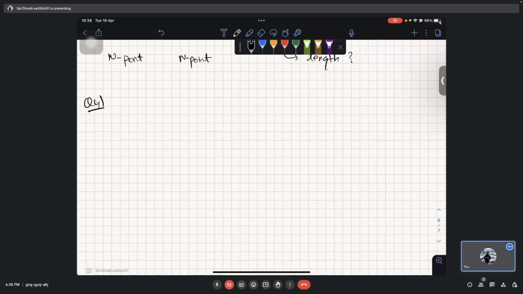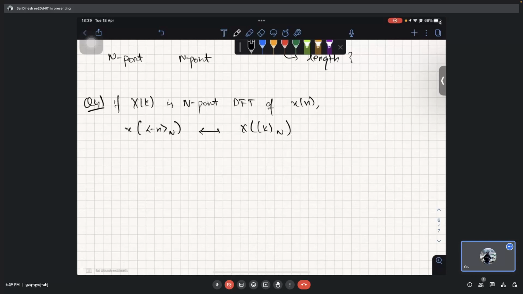Question 4 is, if X of k is the N-point DFT of x of n, what is the DFT of x of minus n?